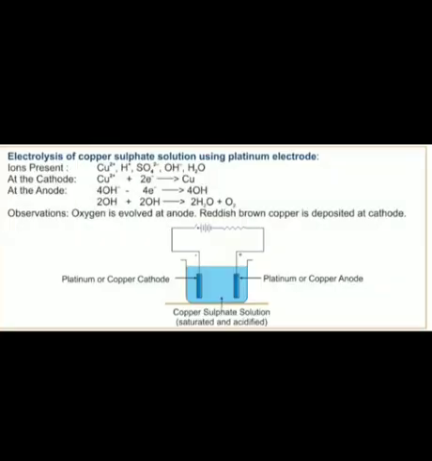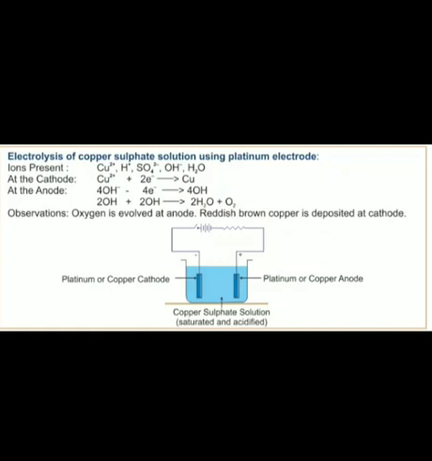See here, the two positive ions are Cu2 plus and H plus, and negative ions are SO4 2 minus and OH minus. As we know that electrodes are inert electrodes, they do not take part in that electrolytic reaction. So you have to choose one cation and one anion which will be discharged.